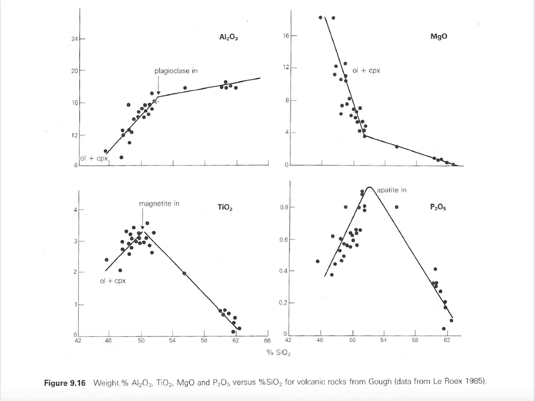Plagioclase is picking up the aluminium, and then our melt becomes more depleted in aluminium. Or you can come from the other side. We start here with the formation of olivine. We are taking all the magnesium from the melt, and therefore our melt becomes more silica enriched.